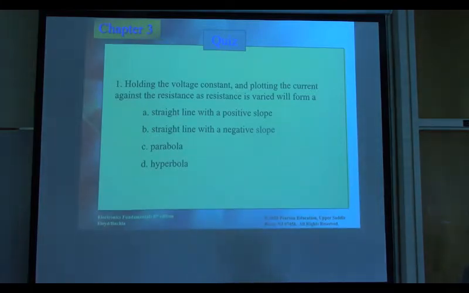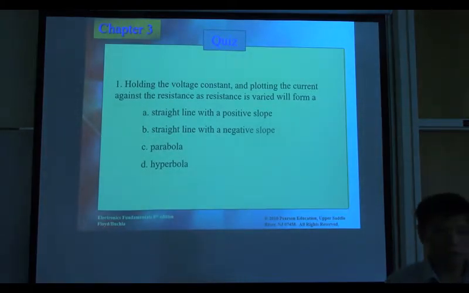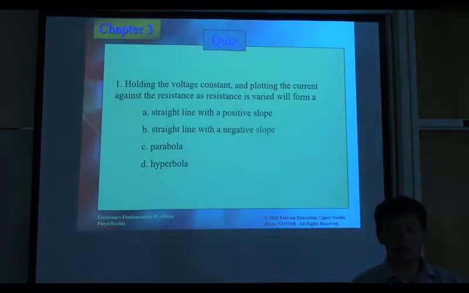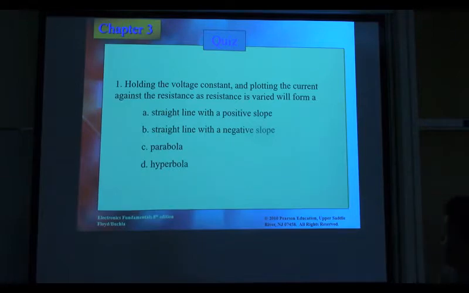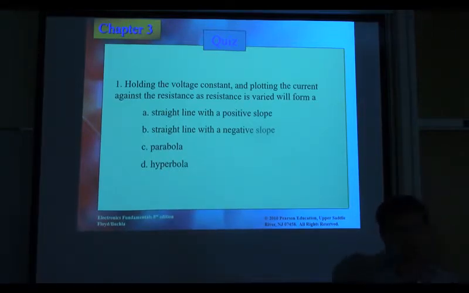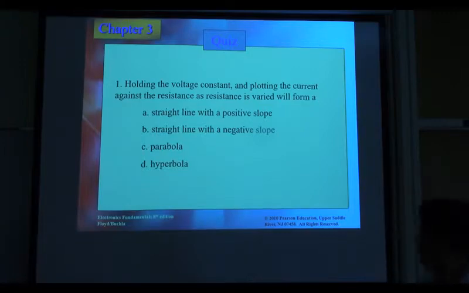Okay, the first one. This tests the relationship between voltage, current and resistance, actually Ohm's law. So if we keep the voltage constant, now in your head V equals current times resistance. So the voltage is constant, and plotting the current against the resistance, current times resistance is a constant.